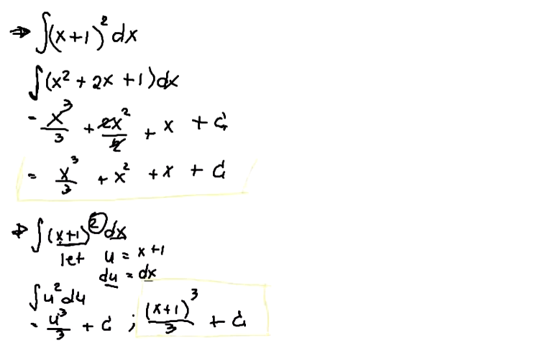So even if we have a different solution, our answers must be equal to each other. Okay, so let us check if our answer here is equal to our answer for our second solution. Okay, so let us simplify this.